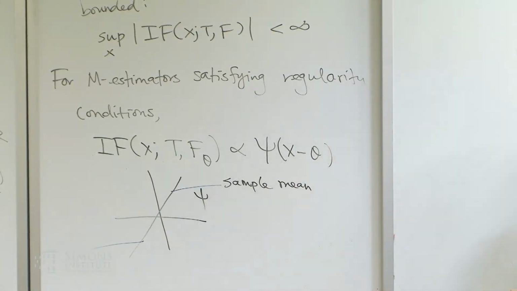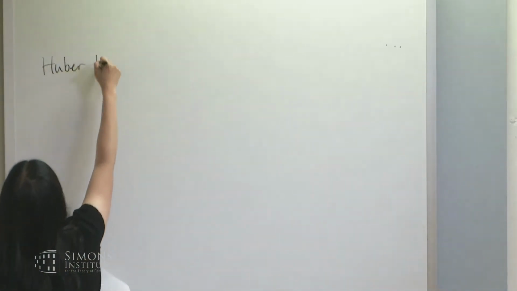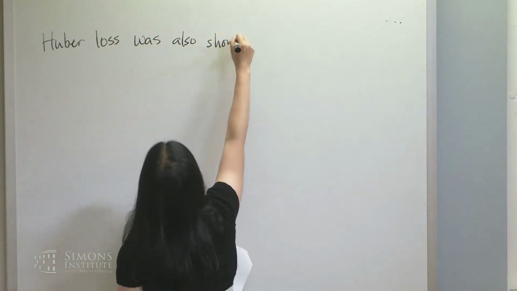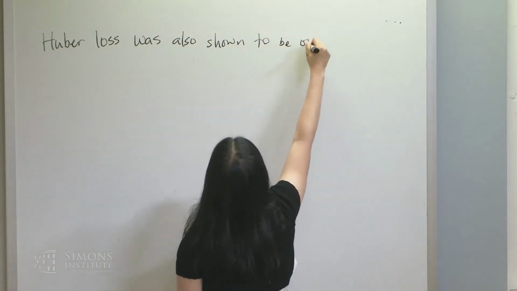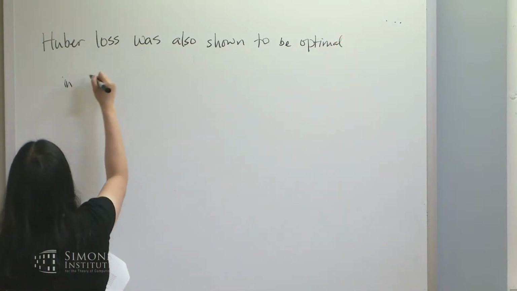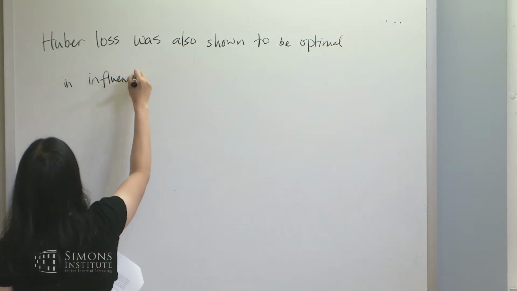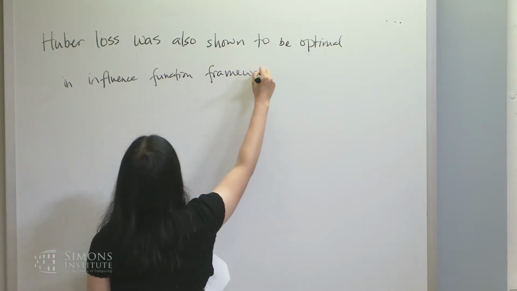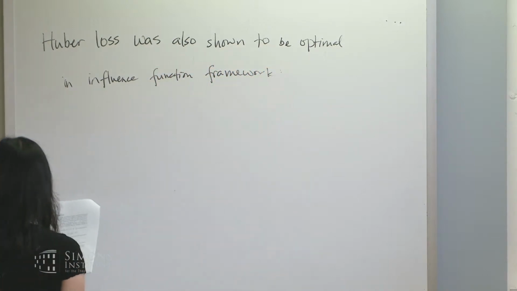So let me just say one small statement about that. Huber loss was also shown to be optimal in the influence function framework. And what does that mean?